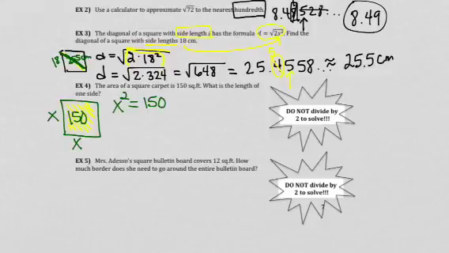Now, to get the x by itself, I need to take the square root of both sides. So when I do that, I'm going to type into my calculator the square root of 150. Please type that into your calculator right now. Make sure you're getting the same answer I do. So I'm getting x is about 12.2474, etc. So let's go ahead and round to the nearest tenth again.